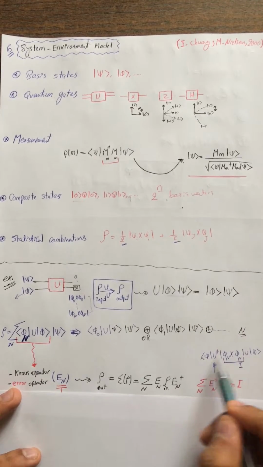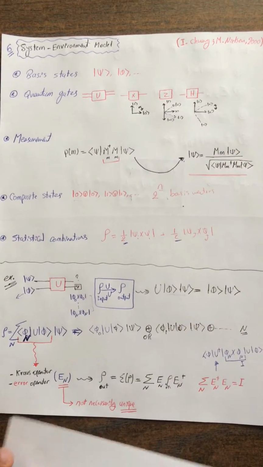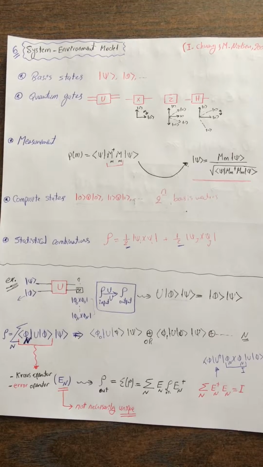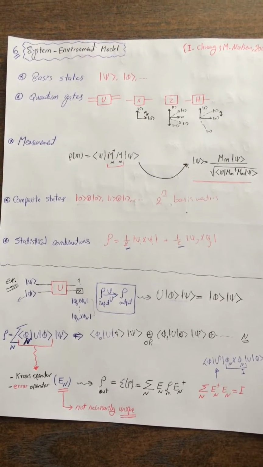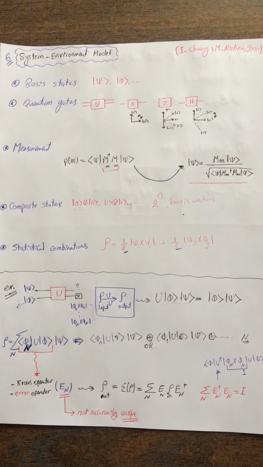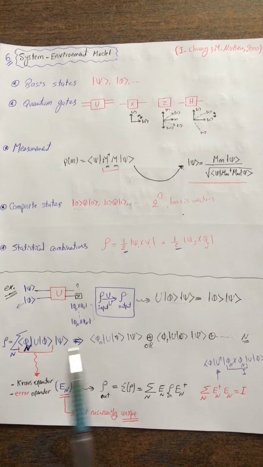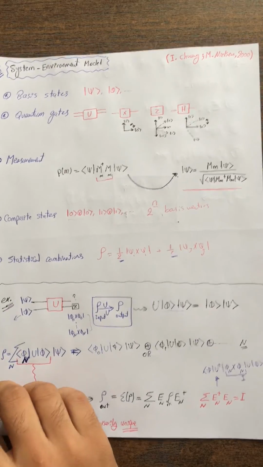So if you look here, you'll find that this is equivalent to the identity matrix. Let me tell you that this Kraus operator is not necessarily unique, because you sum for all basis states, for all measurement outcomes that you have in your output density matrix. So it's not necessarily unique because we are summing over many measurements or many measurement outcomes.